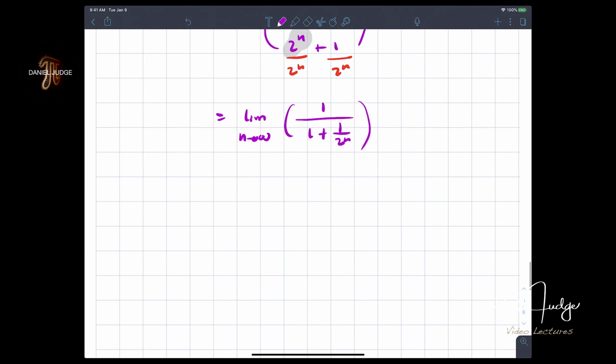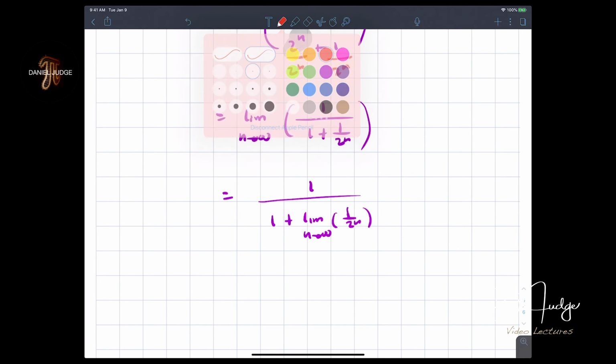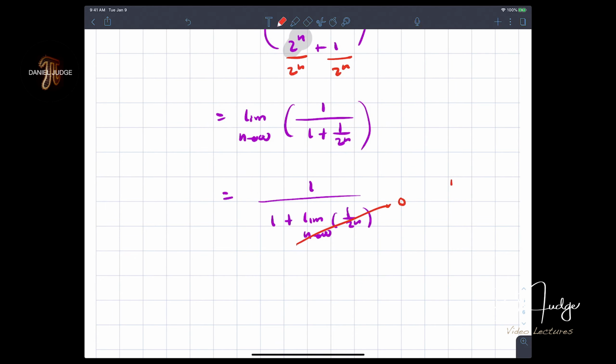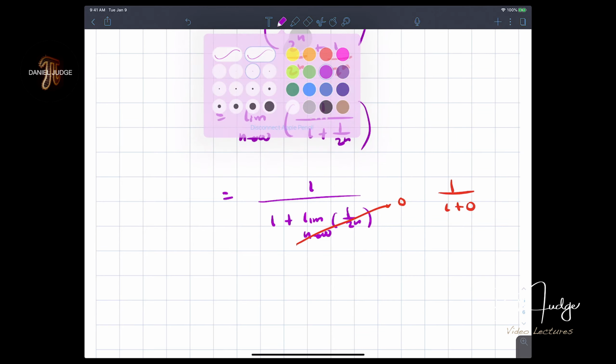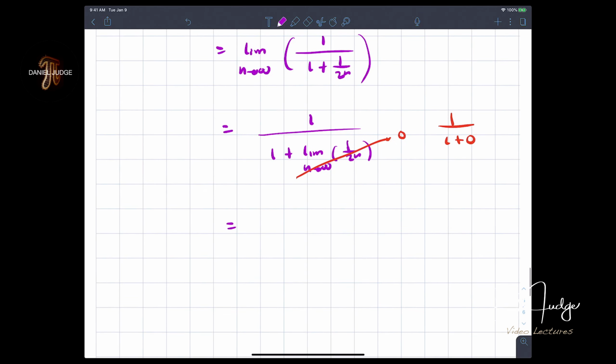Now, by properties of limits, 1 plus that limit, as 1 over 2 to the n gets big, this portion goes to 0. So this is 1 over 1 plus 0, or better known as 1. Now, you say, okay, why is that a big deal? Well, that limit is 1. This is the constant c.